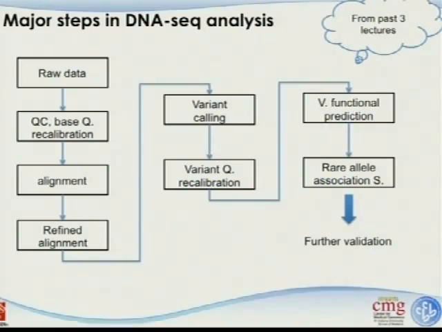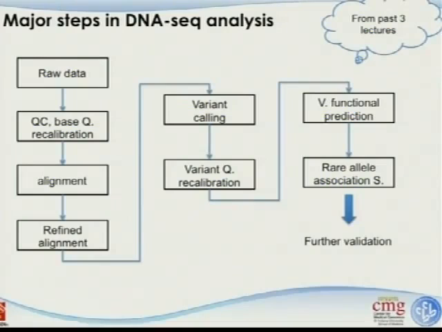For example, strand bias is one of the parameters that we can tune. If you see the variation all happens on one strand rather than both, and if this is DNA sequencing, you may have a higher likelihood that it's a false alignment and there's some kind of artifact there.